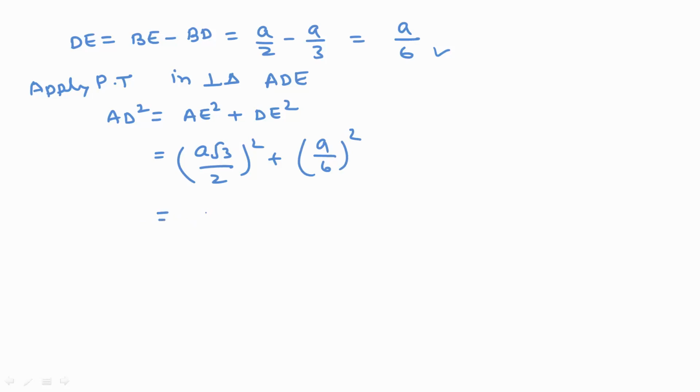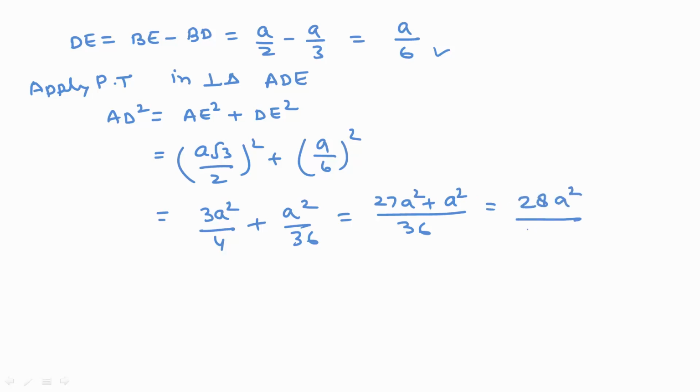Solving, this will be equal to 3A square by 4 plus A square by 36. Taking LCM, the LCM will be 36. 4 nines are 36, 9 threes are 27, so 27A square plus 1A square over 36. This will be equal to 28A square by 36.